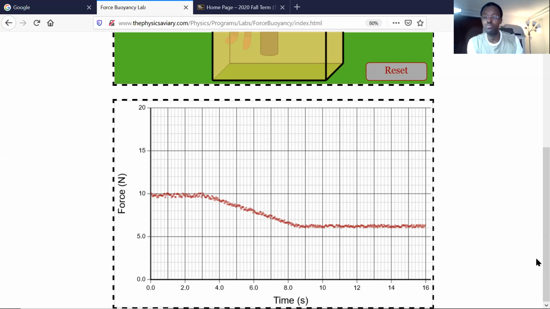The buoyant force is supposed to start at 0 because it's the weight of the liquid that's being displaced. At the beginning, at second 0, when the bottle touches the surface of the liquid, there is no buoyant force because the bottle hasn't displaced any liquid yet.